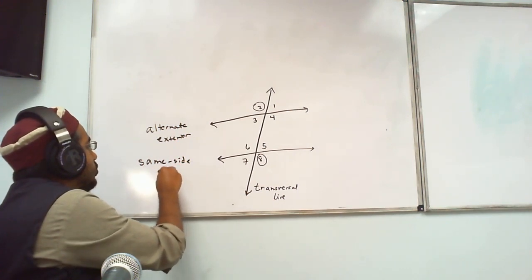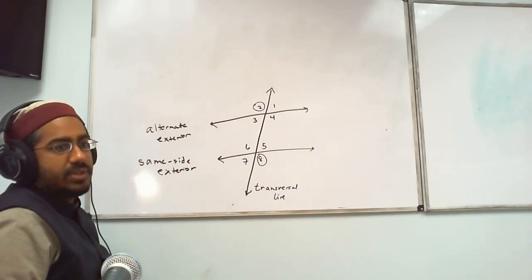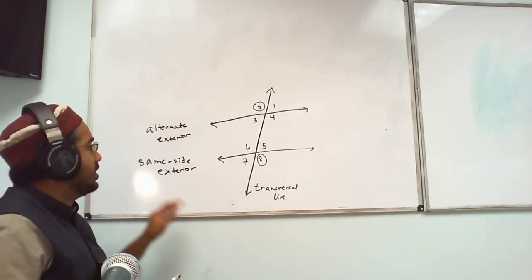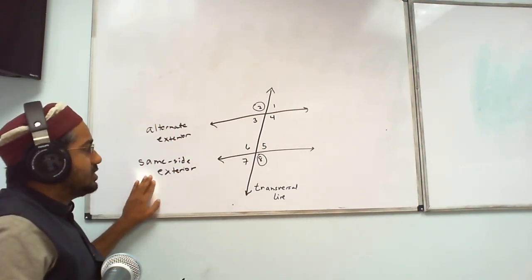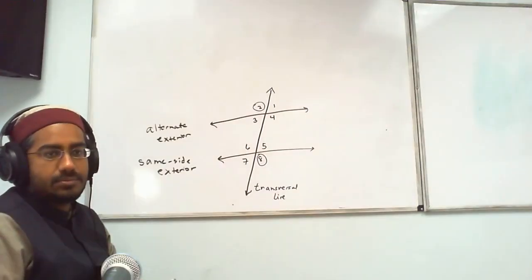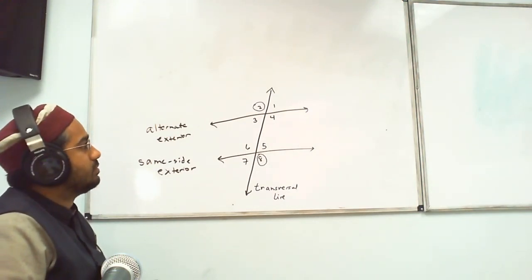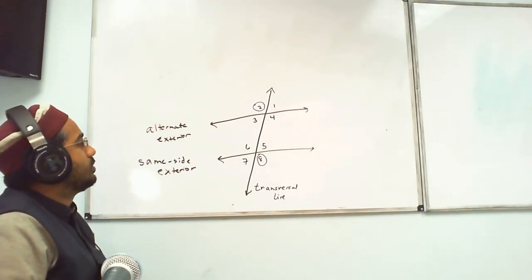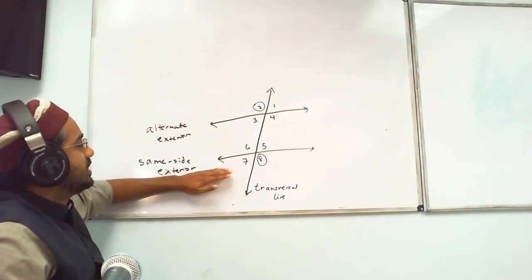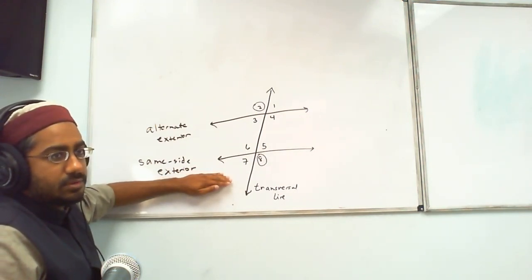Now, what about same side exterior angles? Take a look at this. Can you give me an example of some same side exterior angles? Remember, first of all, they all have to be exterior angles.